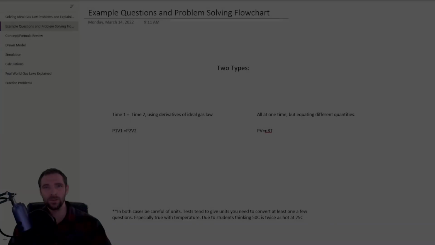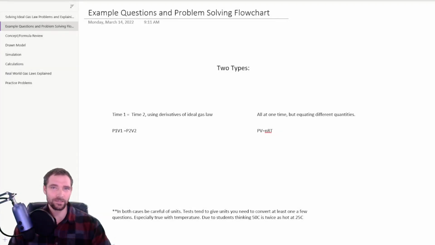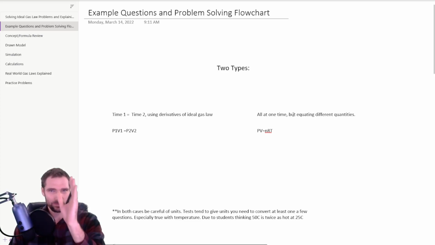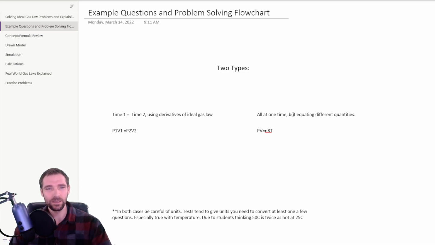Most problems with ideal gas laws tend to fall under one of two categories. It's either you're looking at the same thing at two different times, or you're looking at one thing at one time and relating all the variables about it at that one time. Often they'll do something like this one pressure times this other volume is equal to a second pressure times a second volume.